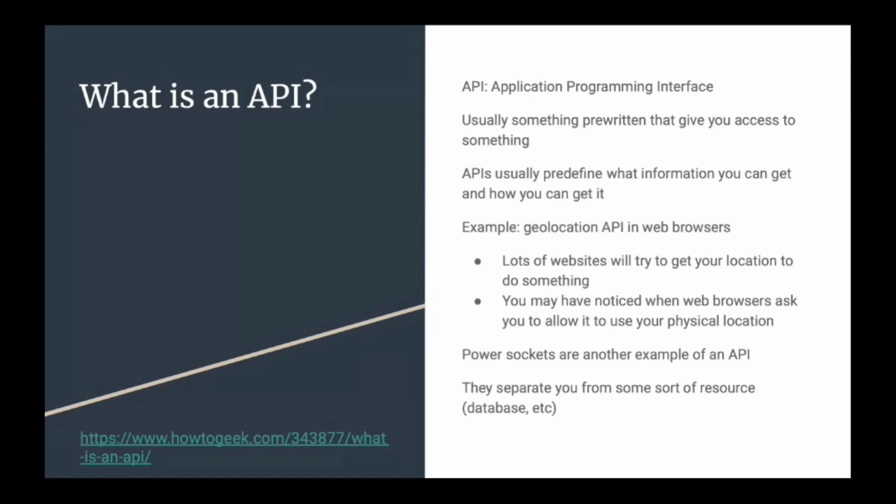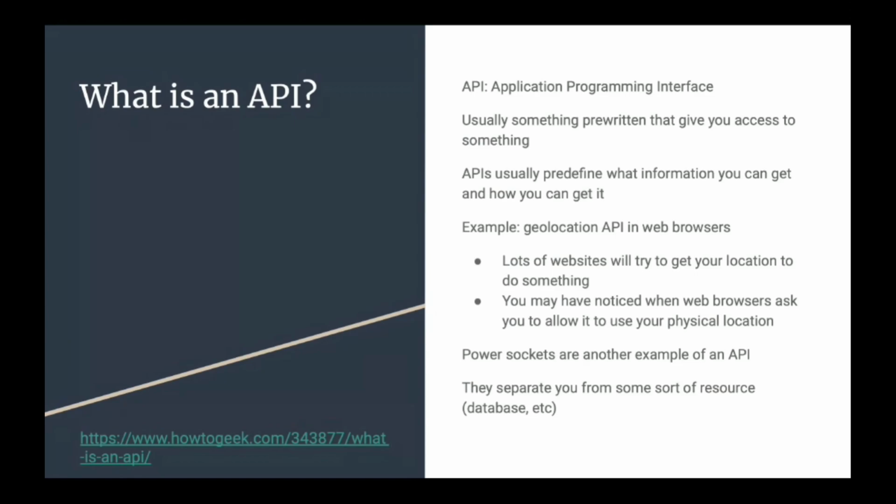Another example: if you're developing a smartphone app and your app uses the camera of the phone itself, say you're doing an Android smartphone app, then Android or Google is providing you an API so that you can access the camera of the phone.